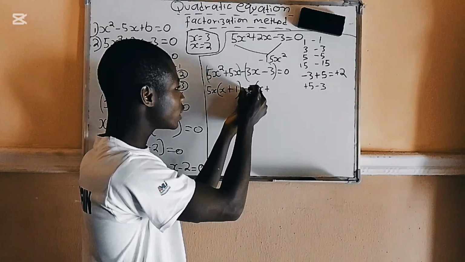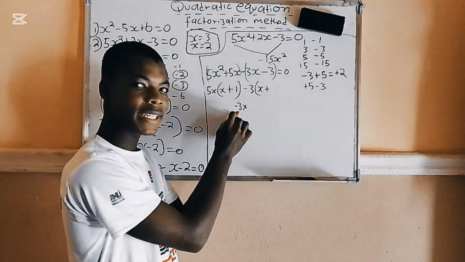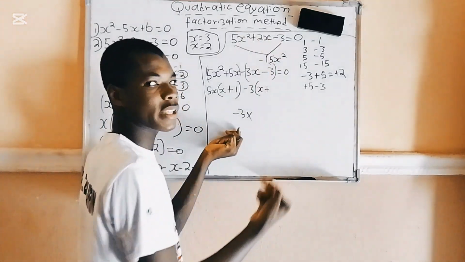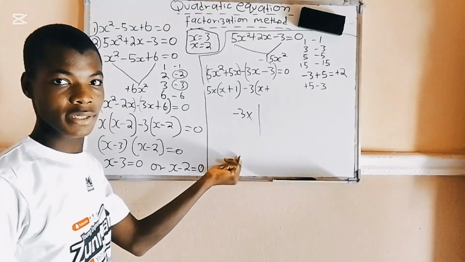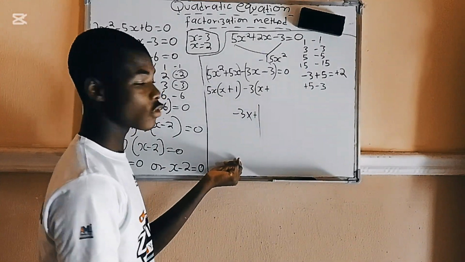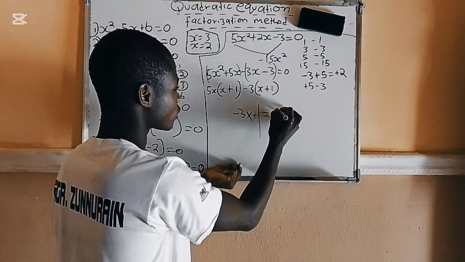So minus 3 multiplied by what number to get minus 3 again? It is 1. Positive 1. So multiplied by positive 1, it will be equal to minus 3.